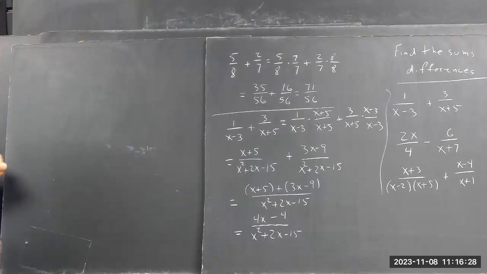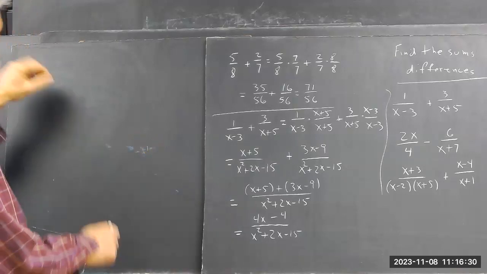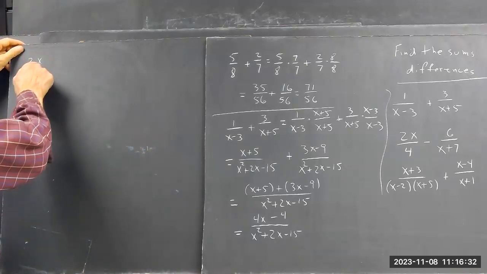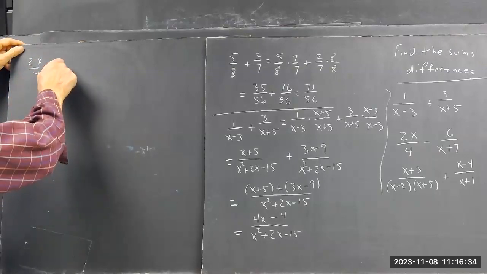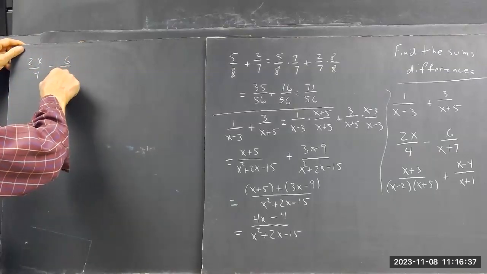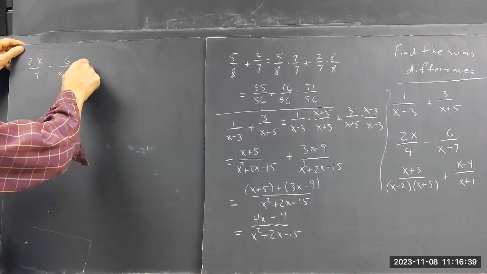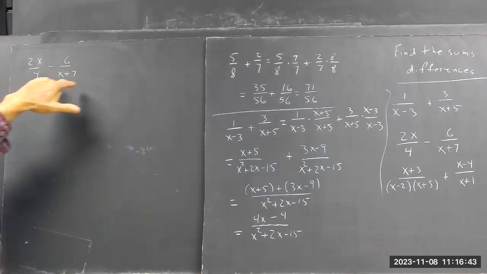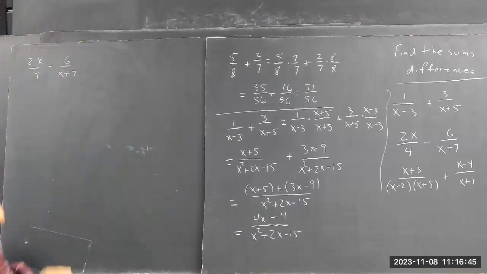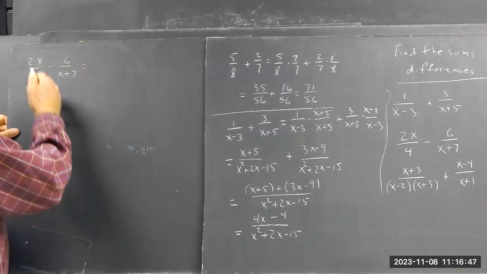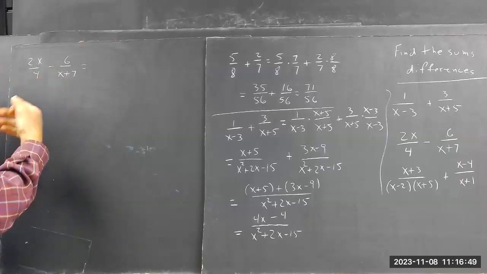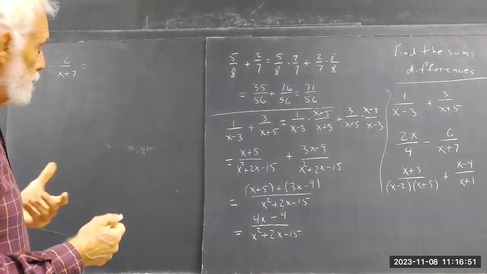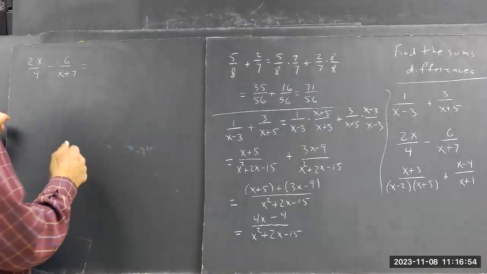Okay. Next problem was 2x over 4 minus 6 over x plus 7. Well, the common denominator is going to be 4 times x plus 7. You express this difference so that both terms have the same denominator.